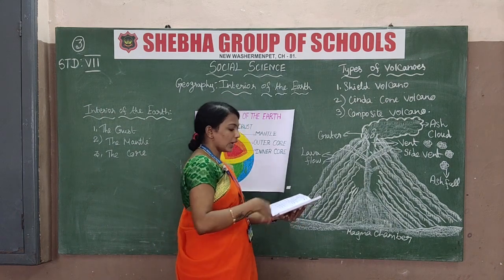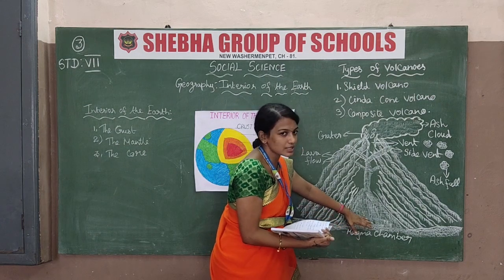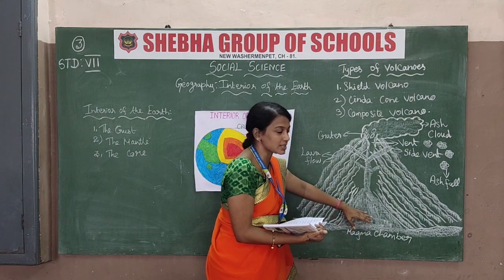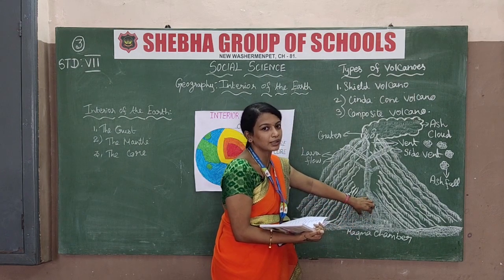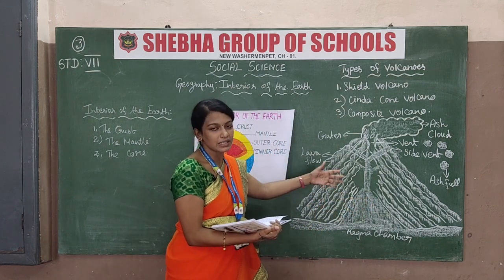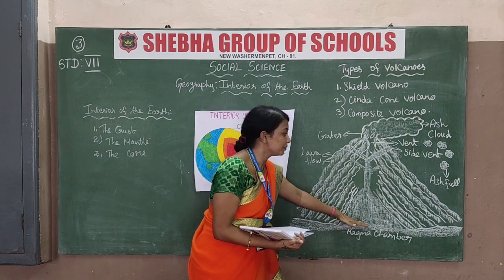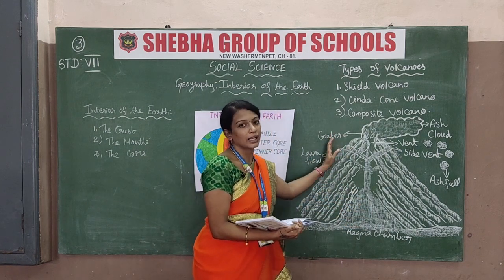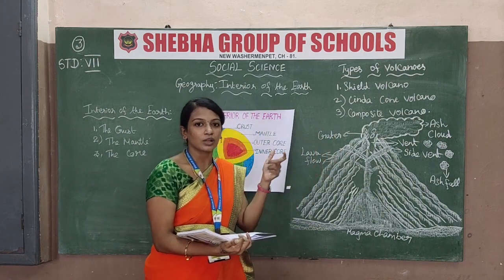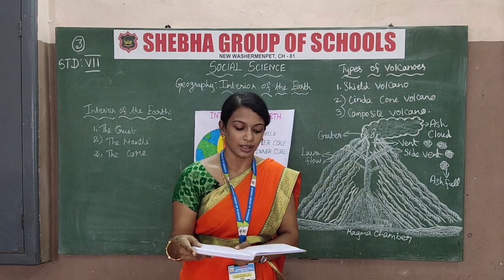Due to the high pressure and high temperature in the magma chamber, gas forms in large amounts. Sometimes it can manage and will not blast, but if more gas forms than it can manage, that will cause a volcanic eruption. At that time the volcano blasts and erupts. So these are the causes of volcanic activity.